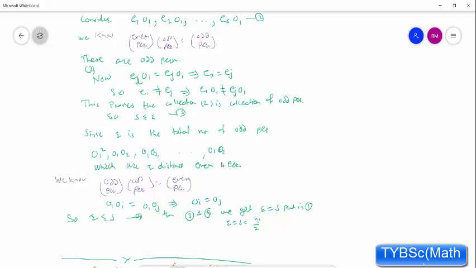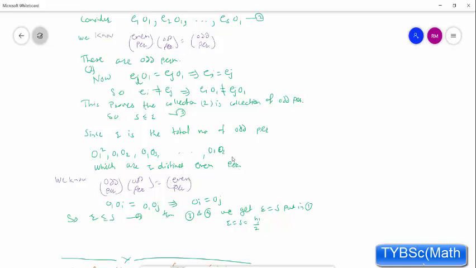If we take this collection, and we know the property of the product of two odd permutations, odd into odd is an even permutation. That's why each of these is an even permutation, and these are distinct even permutations.